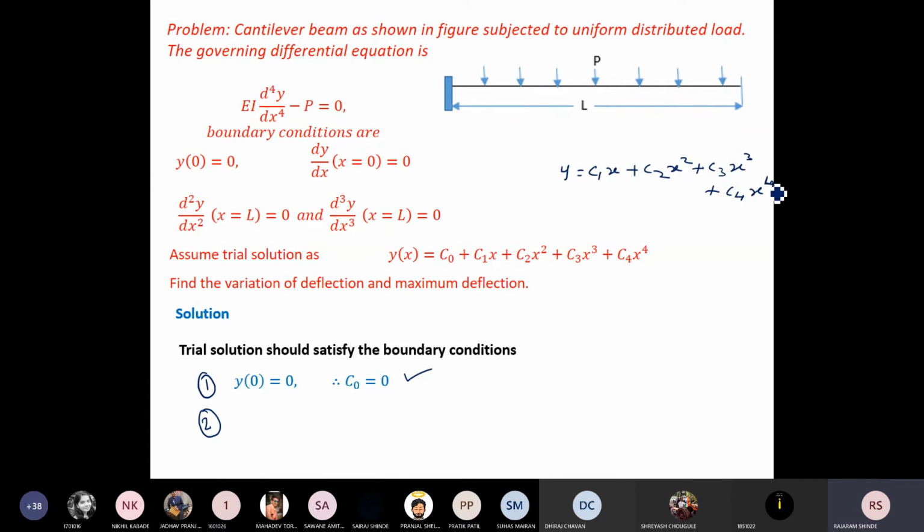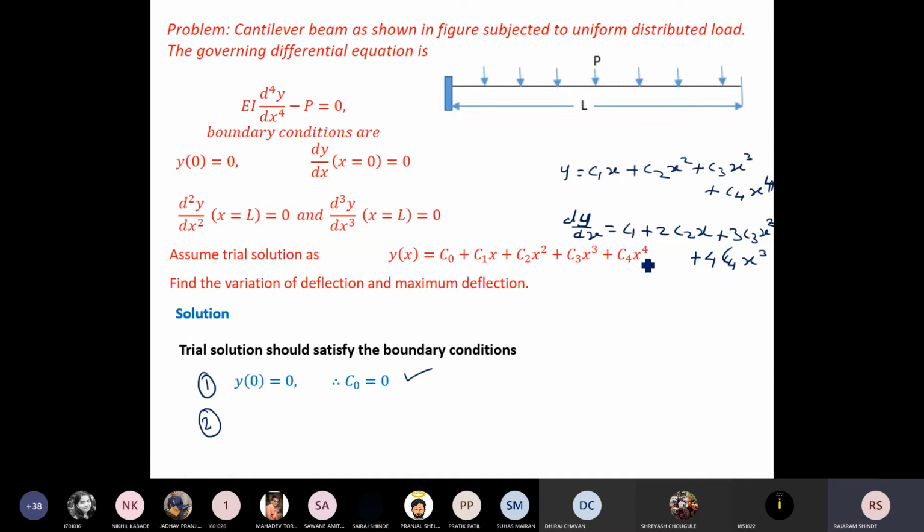Now I have to calculate dy by dx. dy by dx is equal to c1 plus 2c2x plus 3c3x square plus 4c4x cube. Am I right?